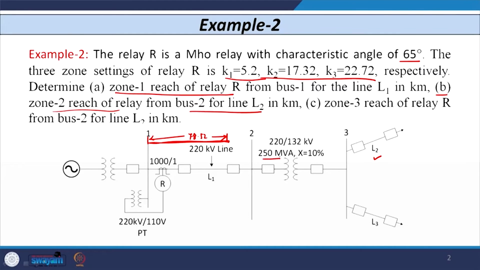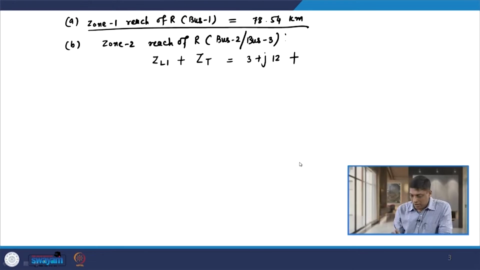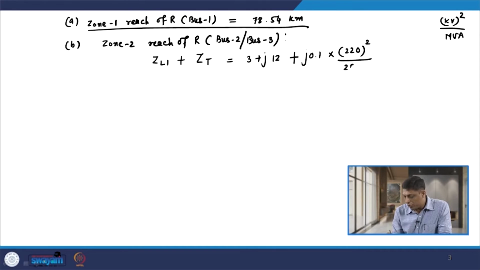The MVA value and voltage are given, so we can easily find the reactance of this transformer. That value is j10%, so 0.1 into kV square divided by MVA, where kV is 220 kV squared and MVA is 250.